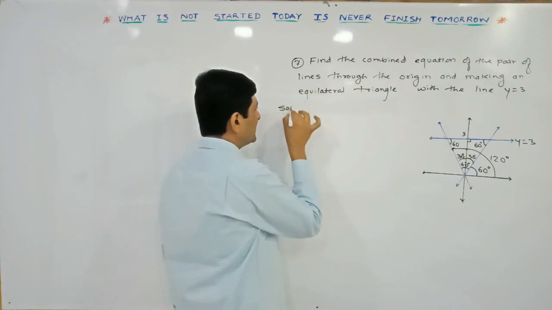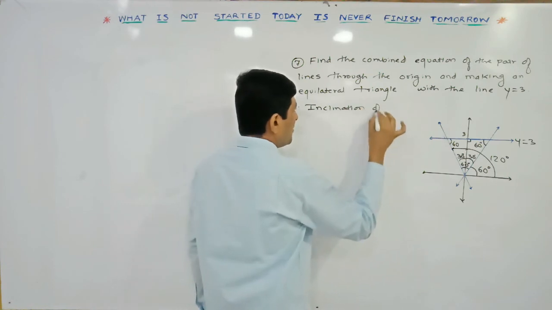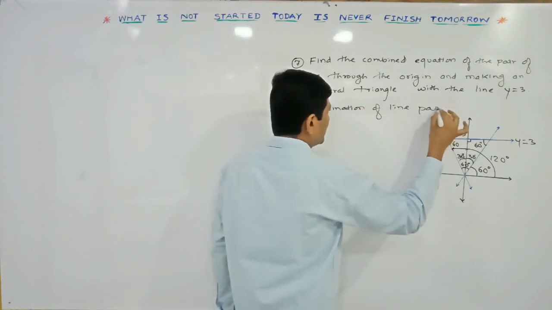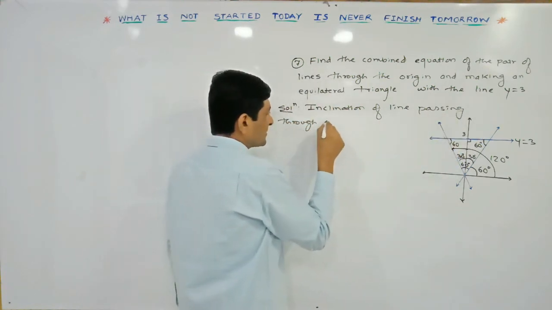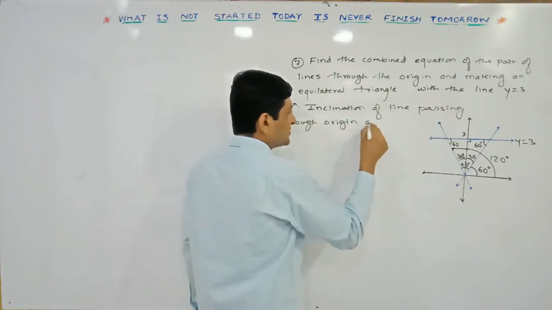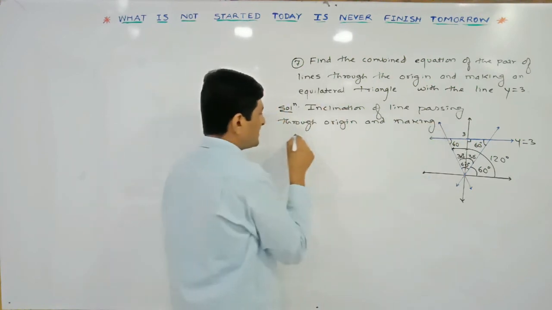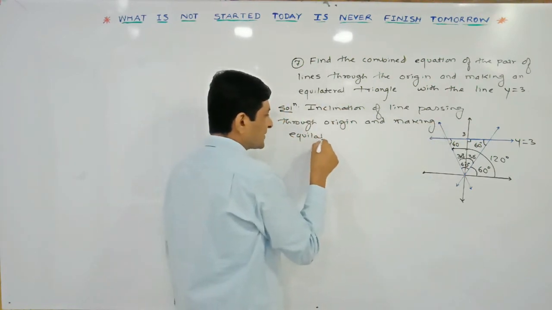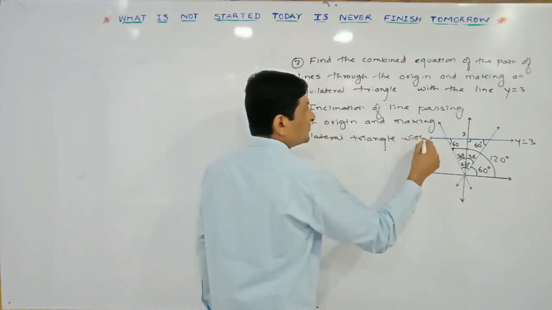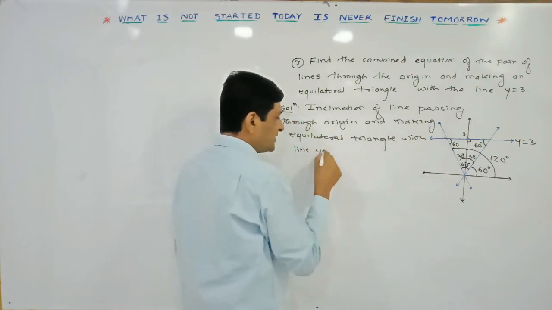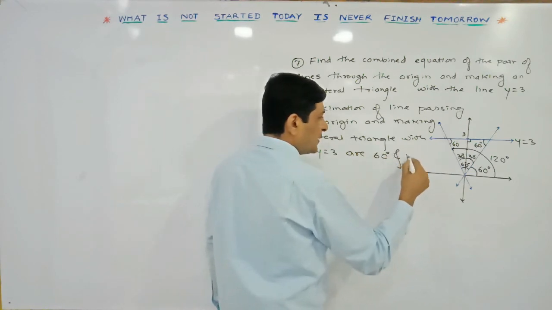So write down the solution here. Inclination of the lines passing through the origin and making an equilateral triangle with the line y = 3 are 60 degrees and 120 degrees.